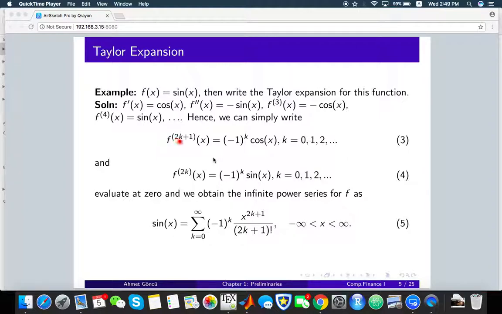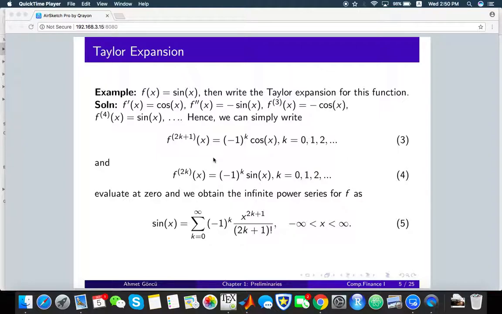We can represent it by 2k plus 1, with k going from 0, 1, 2, increasing. These are the odd numbers, and for the even numbers you can use 2 times k, where these k are integer values. So for the odd ones you can see that we have the cosine as the common term, and then we have alternating signs.